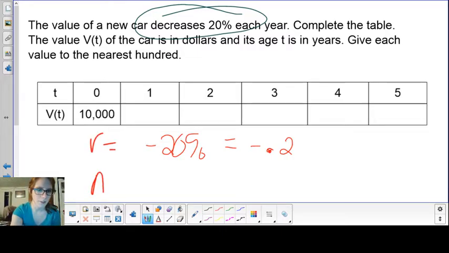Do I have my initial value? Yeah, that's going to be my 10,000, because that's how much my car originally will cost.